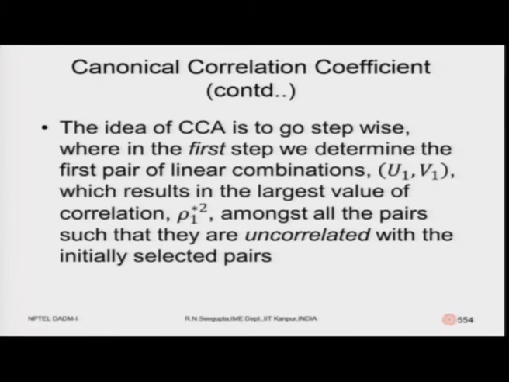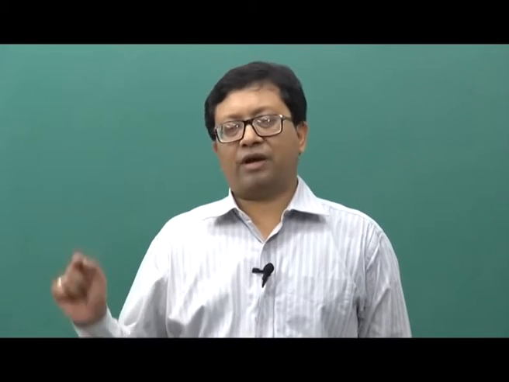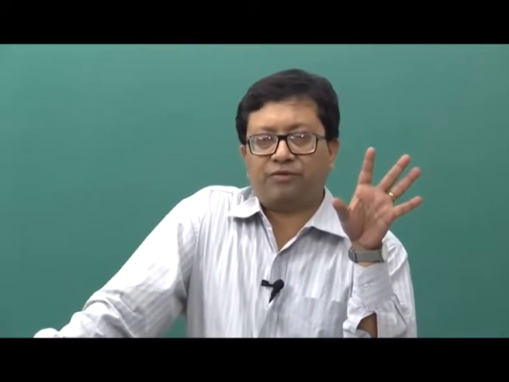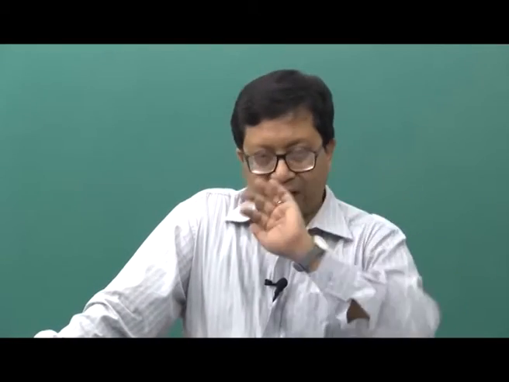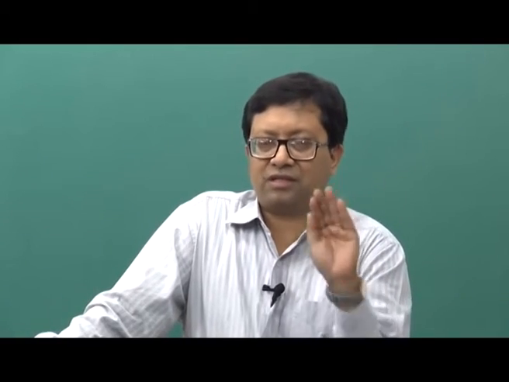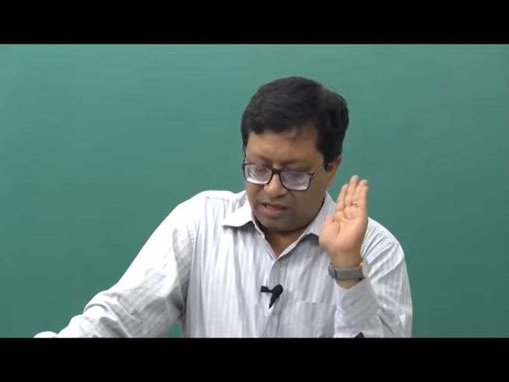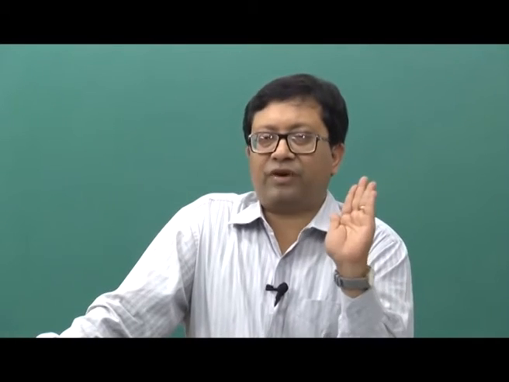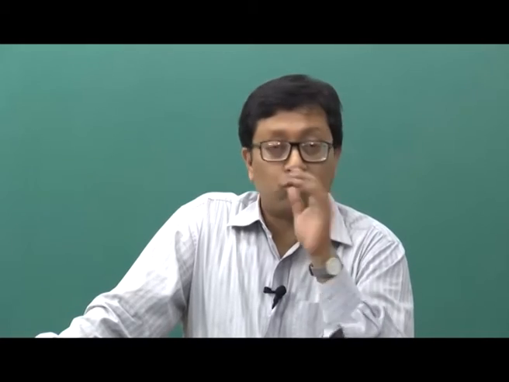Once we have found rho 1 square, where star means the best value, you keep it aside, and then you go to the next stage, where you find another two values, U2 and V2, such that given the first set of information, the relationship between U1 and V1, and taking out the correlation coefficient, we try to find the next maximum correlation coefficient, such that they are uncorrelated pairwise, and you are able to find rho 2 square.